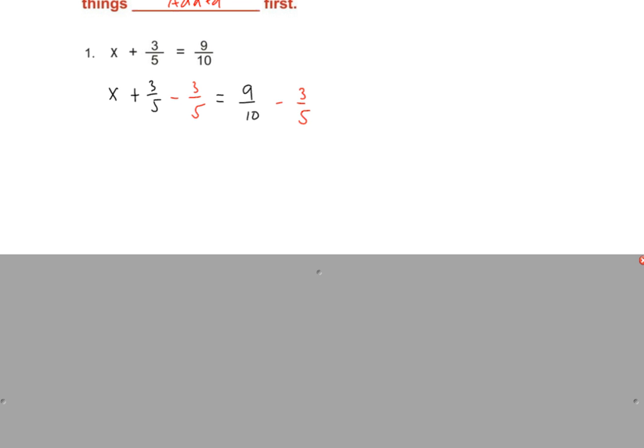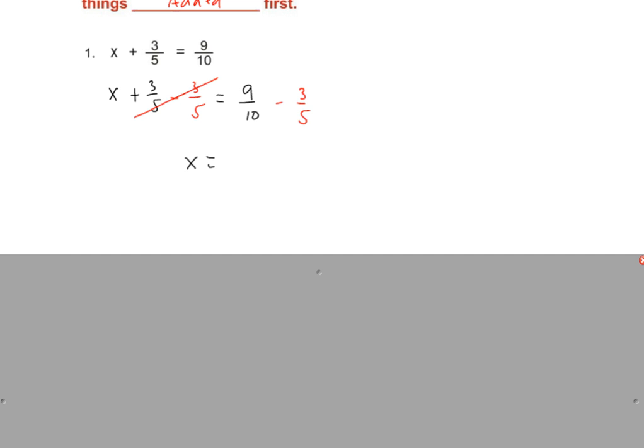Now you might say, well, why did you do that? All right, well, first off, on the left, that's 0, right? Positive 3/5 and negative 3/5 is 0, and that's always what we're after. But notice the right-hand side, we have fractions to add. Is the methodology of solving fractions vertical or horizontal? It's horizontal, and that's why we want to do the method this way.